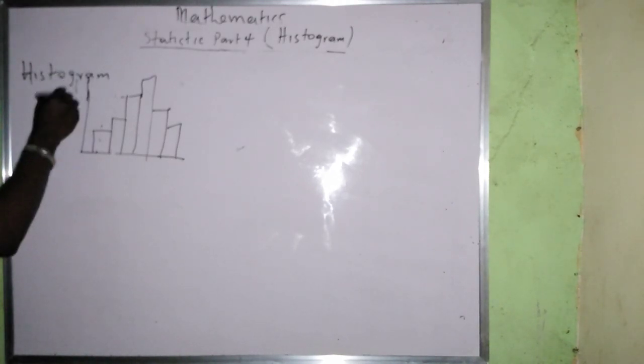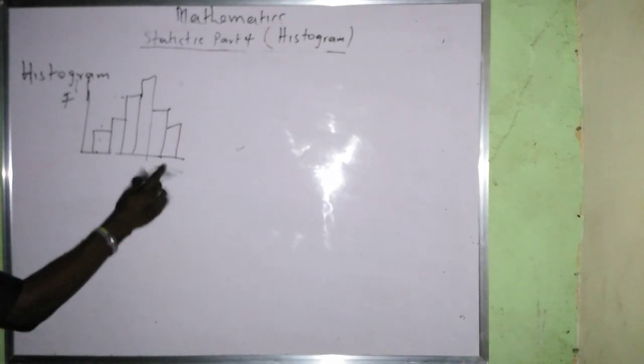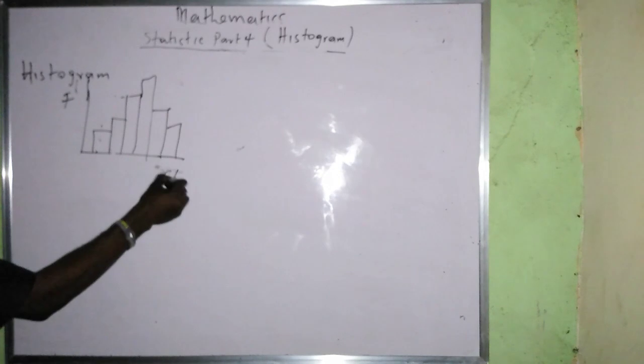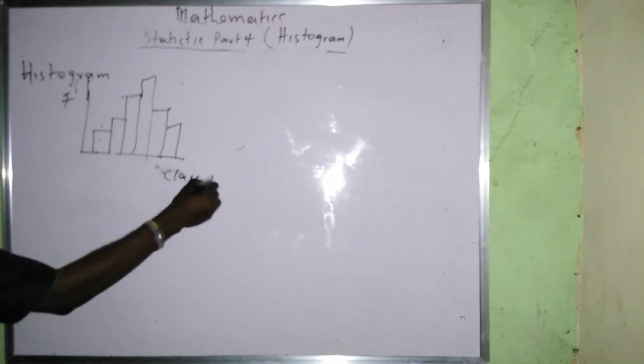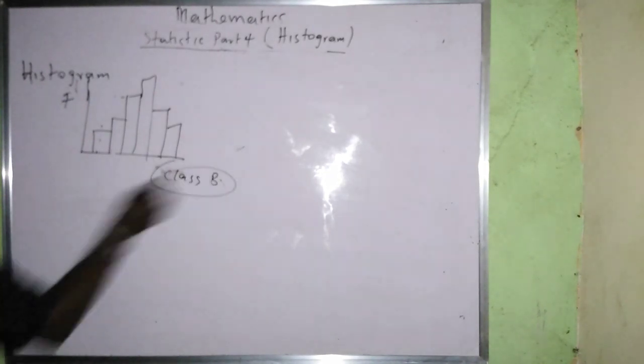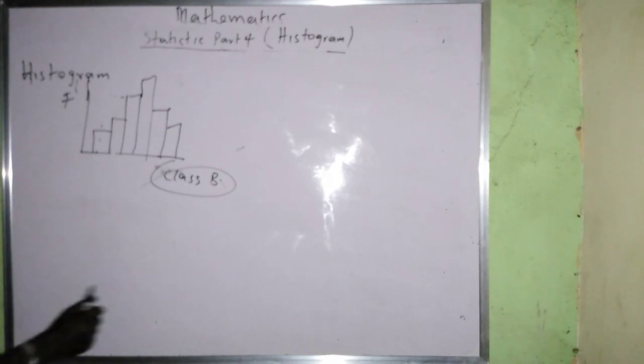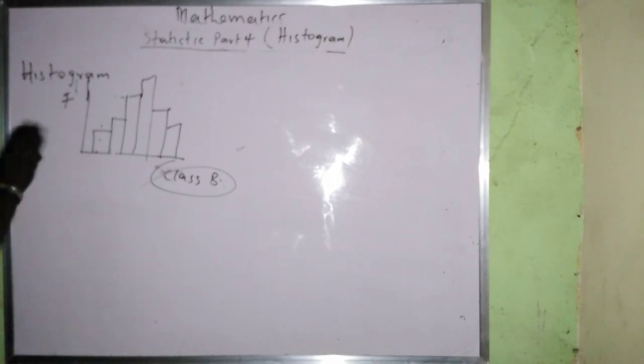This is the frequency. This is the class boundary. But how do I achieve this class boundary? This is how it looks. It's equal bars that have no space in between them.